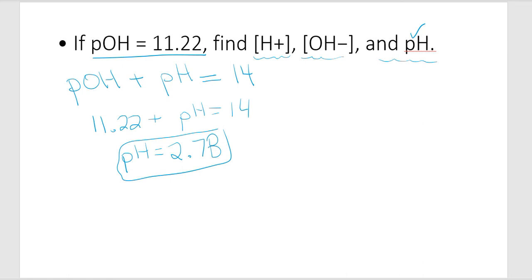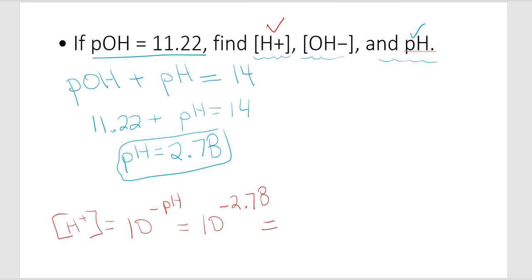The next thing I want to find, since I have my pH, is hydrogen concentration. So hydrogen concentration is simply 10 to the negative pH. In this case, we have 10 to the negative 2.78. Whenever there's a decimal, you need to plug it into your calculator. If it's a whole number, it's usually just 1 times 10 to whatever that number was.